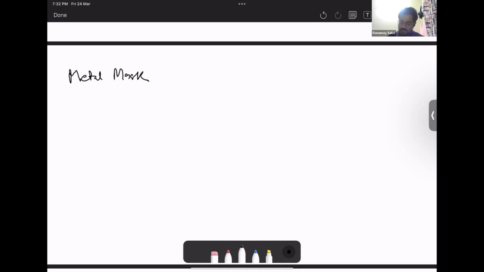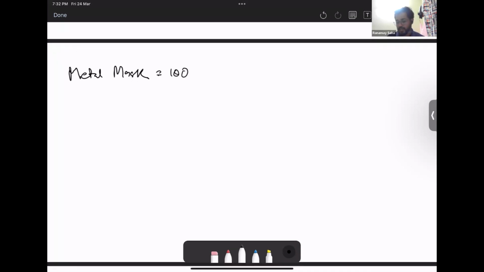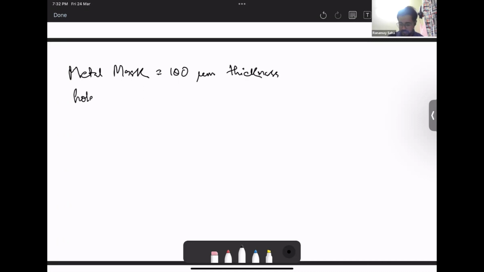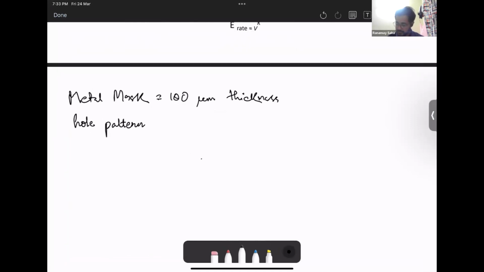Let's suppose you have a metal mask which is of 100 microns thickness. Then you have a hole pattern. Let this be a circular hole which is of 80 micrometers diameter.